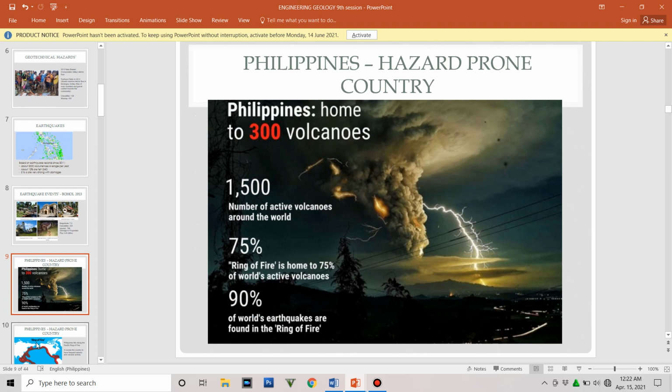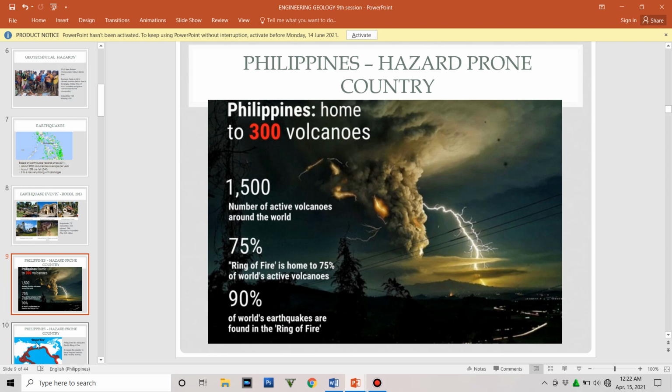So these are perennial problems, especially in mountainous areas. Here in our country, we belong to mountainous areas. The Ring of Fire is roughly a 40,233 kilometer chain of volcanoes and seismically active sites around the Pacific Ocean.